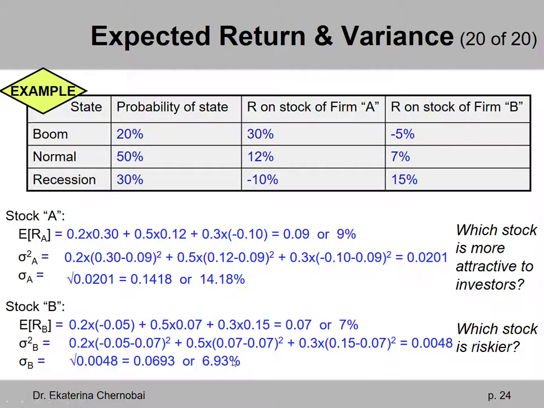So the returns are kind of closer together, right? You can almost see it if you look at the table with the given information. The returns on stock A are much wider apart. The range goes between minus 10% and 30%, whereas on stock B, the range is between minus 5% and only 15%.